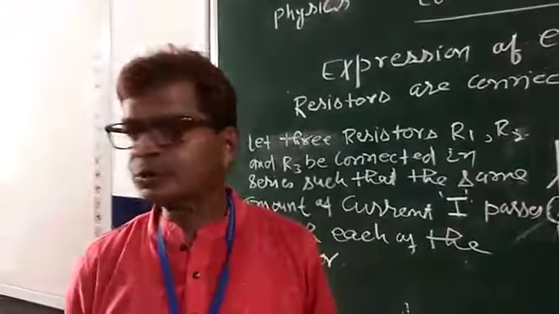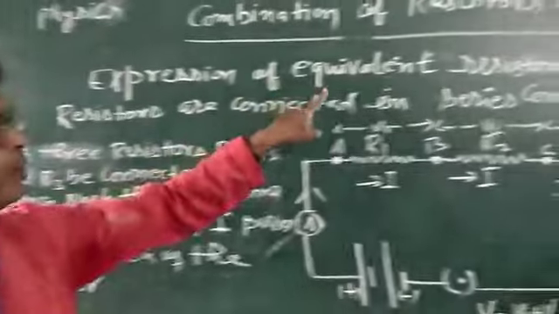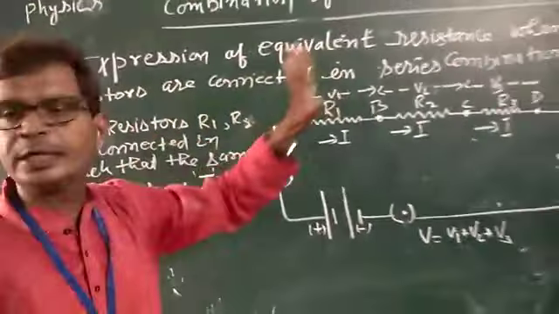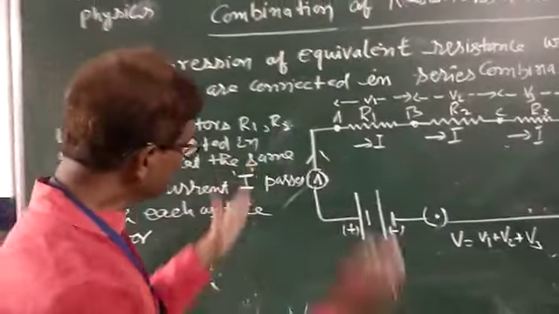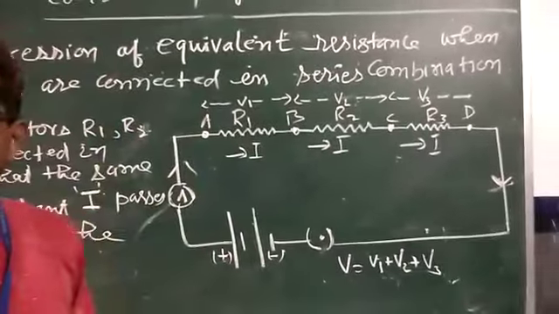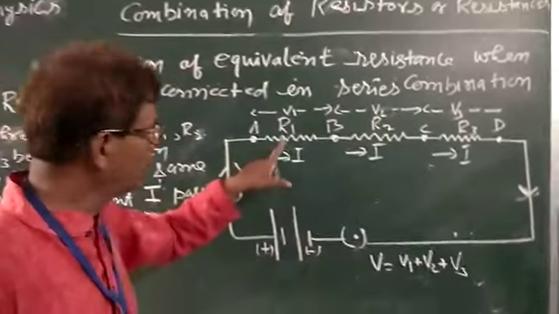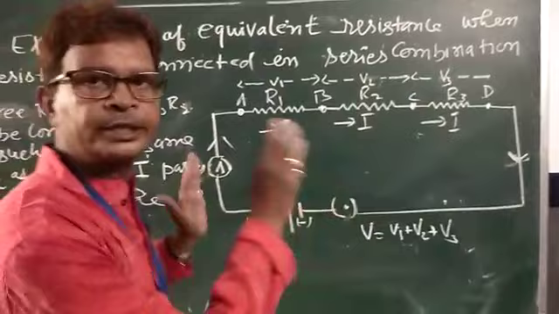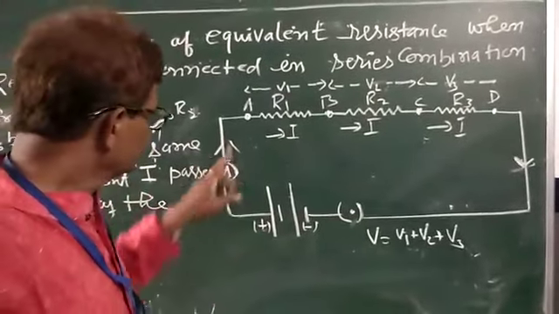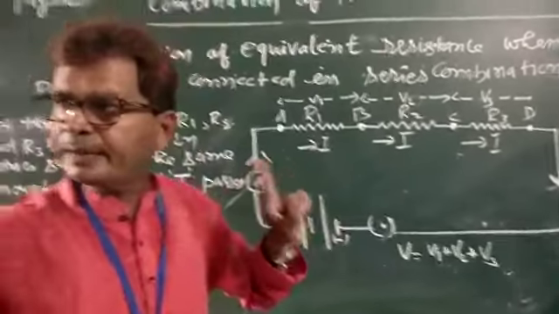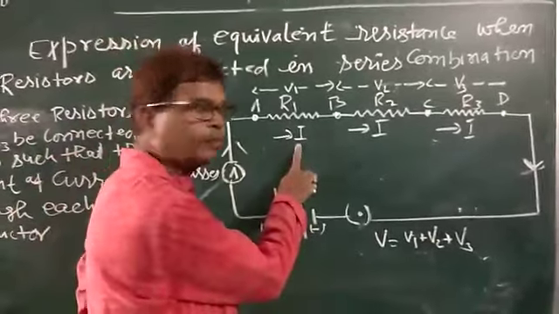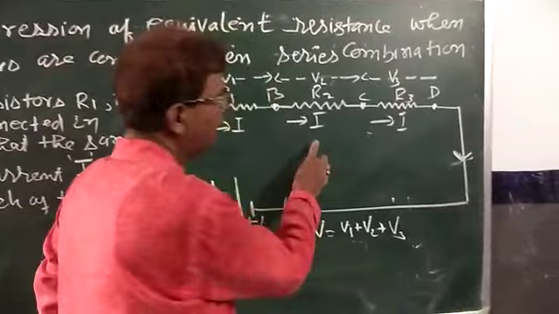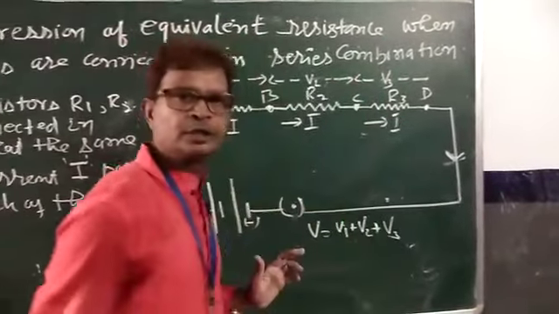Students, now we are going to have expression for equivalent resistance when resistors are connected in series combination. At first, see the diagram. Here three resistors R1, R2 and R3 are connected in series combination, such that the same amount of current I passes through R1, I also passes through R2 and I passes through R3.